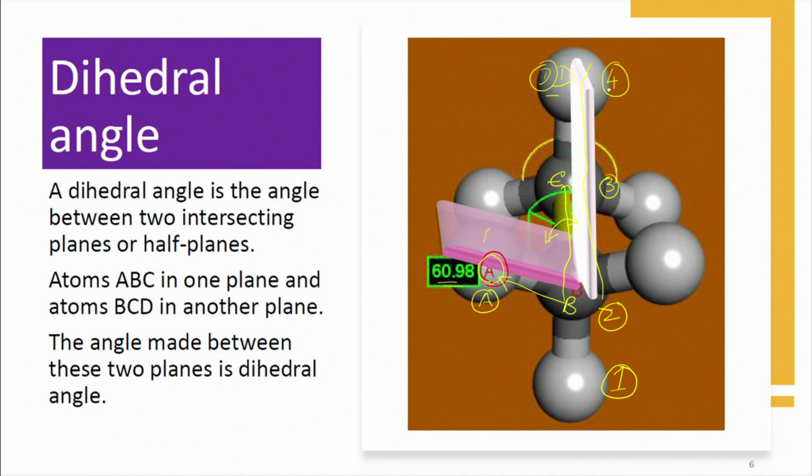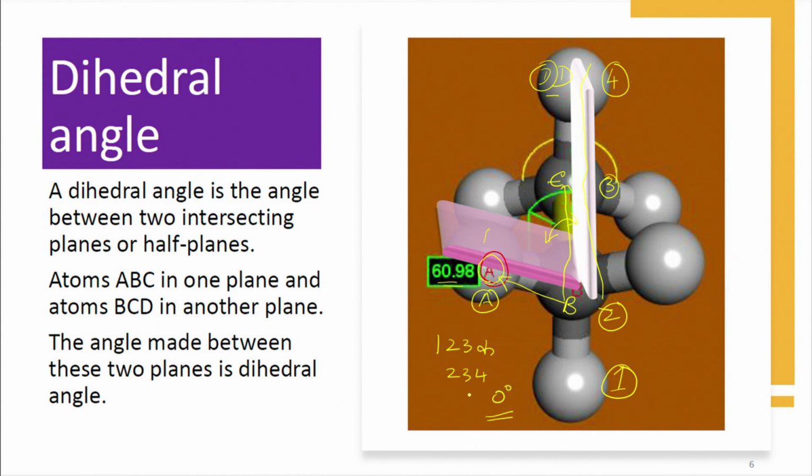If we assume the angle between these 2 planes, 1, 2, 3 and 2, 3, 4, is 0 degree, then atom 4 and atom 1 are in the opposite direction.